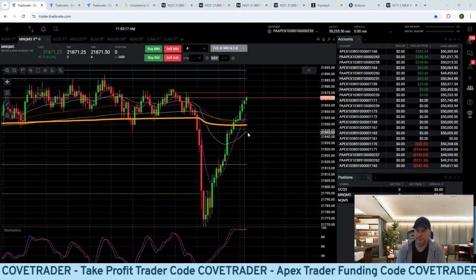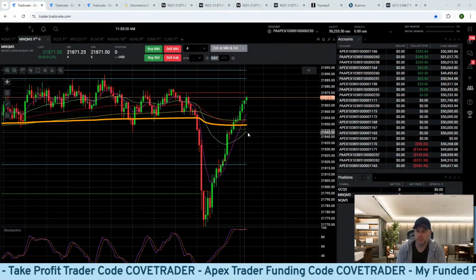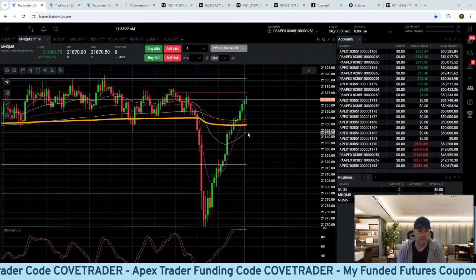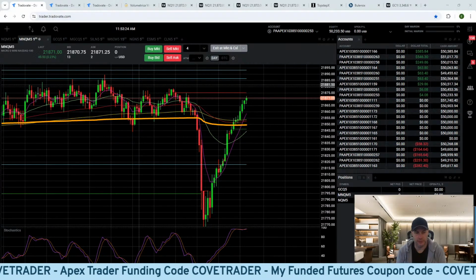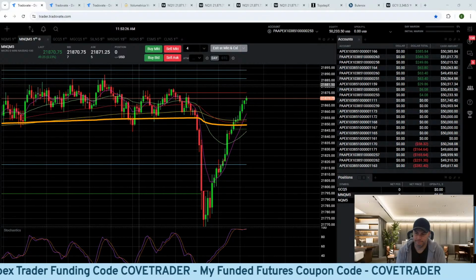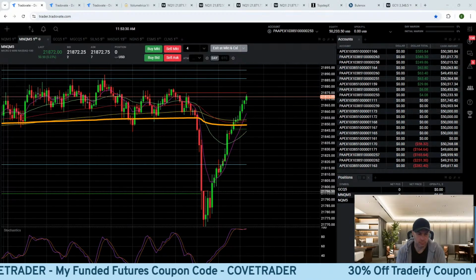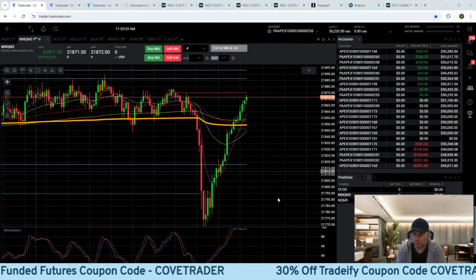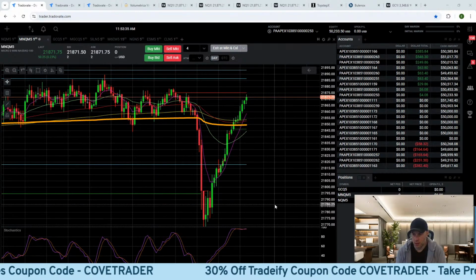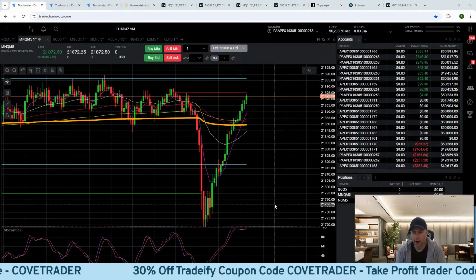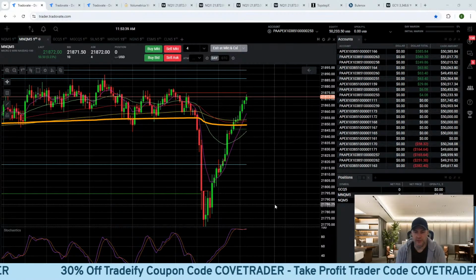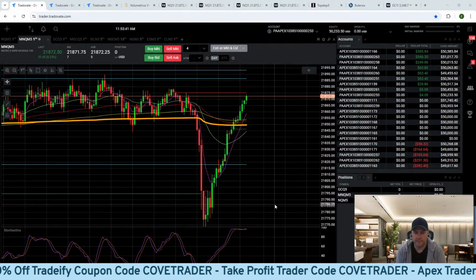Trail it up. I'm so annoyed. I missed the bottom. I'm holding 7 micros right on the 21 EMA.